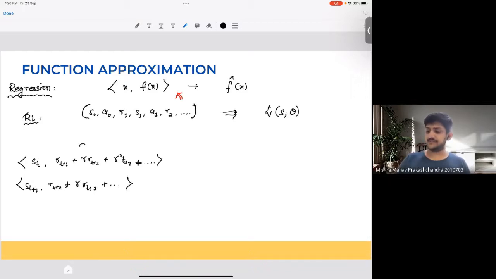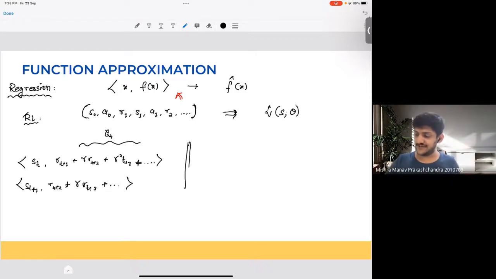So what do you call this term? This term is nothing but my expected return, or rather the complete return, right? This is the complete return.